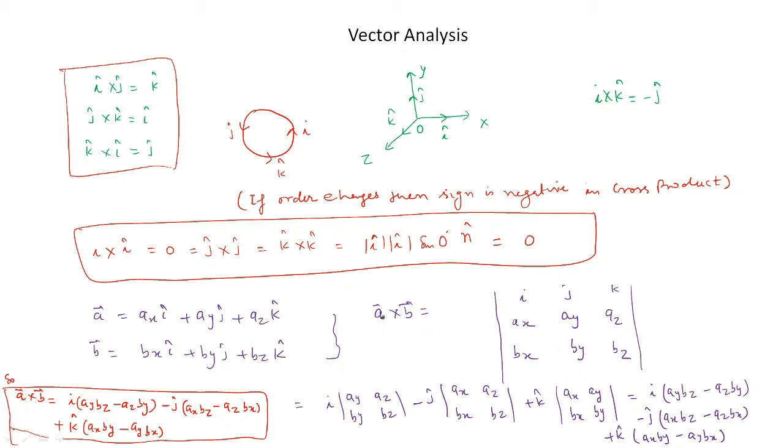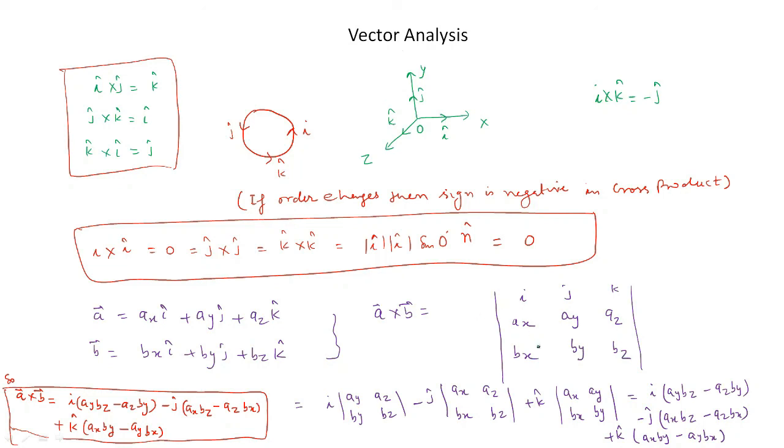Now suppose if there is B cross A, then in the second row we will write Bx, By, Bz, and in the third row we will write Ax, Ay, Az. But here A is written first, so in the second row we will write Ax, Ay, Az, and in the third row we will write Bx, By, Bz.